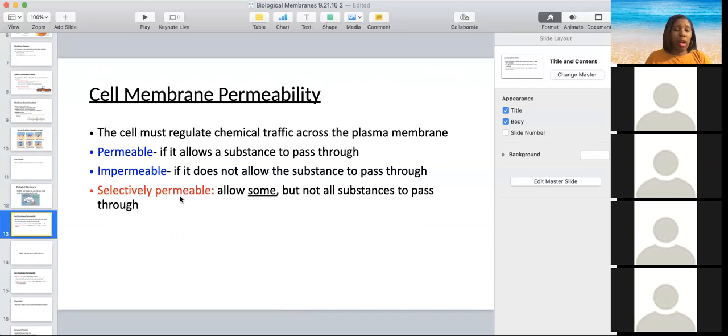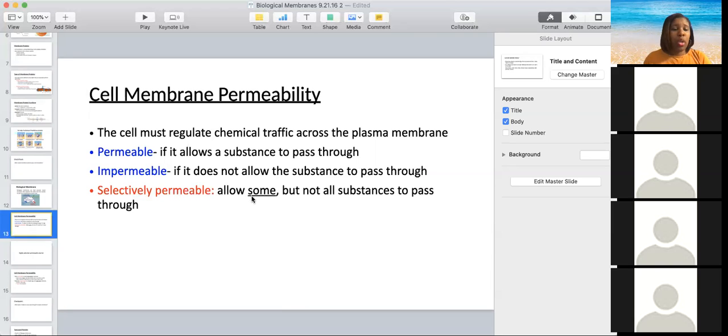It is semi-permeable. Your book probably uses the term semi-permeable or selectively permeable. It means that not all things are going to be allowed in or out, but some things will. So the plasma membrane has a characteristic of being selectively permeable.